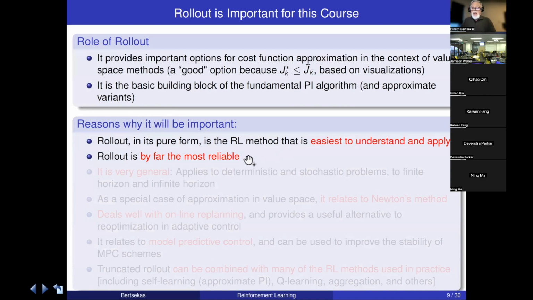That's far more than I can say about some of the other methods in reinforcement learning, like the Q-learning methods, DQN, TD methods. To make those work, you have to work very hard, and you also have to be lucky, because they don't always work. This one works almost always. The other methods do not. They're flaky, and you may be lucky to make them work on a given problem, but don't expect the success to be replicated in a broader context.